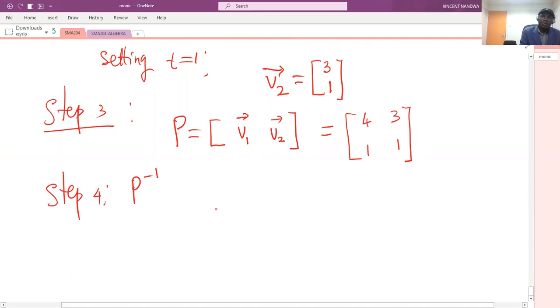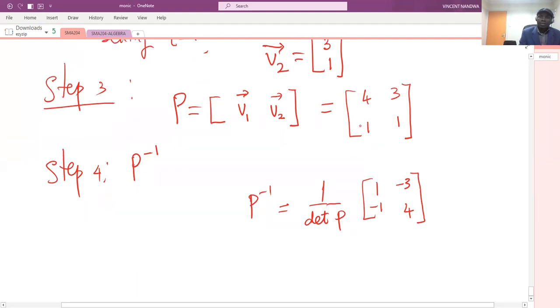So these are 2 by 2 matrices. P inverse will be simply given by 1 over the determinant of P, and then, this being a 2 by 2, we interchange the elements along the main diagonal, and change the sign of the elements in the secondary diagonal.